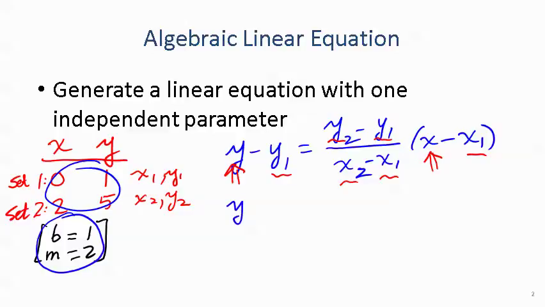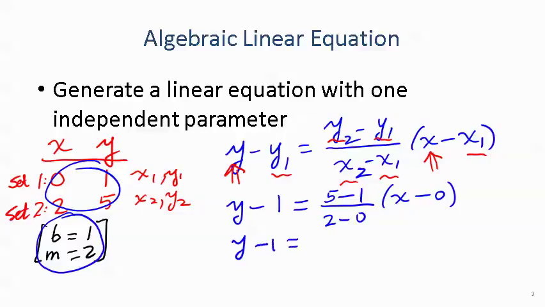So here we will have y minus 1 is equal to 5 minus 1 divided by 2 minus 0 times x minus 0. And if we perform the algebra a step further, we find y minus 1 is equal to 4 divided by 2 times x.